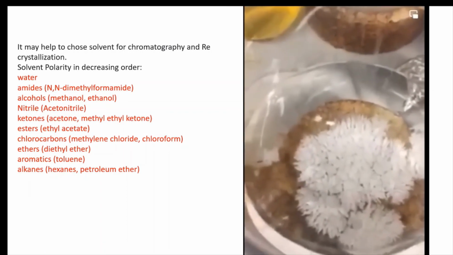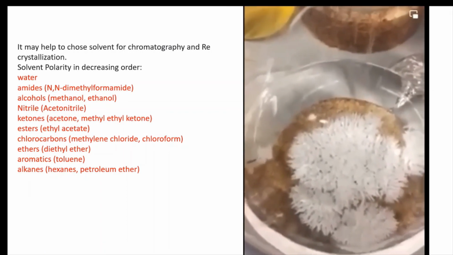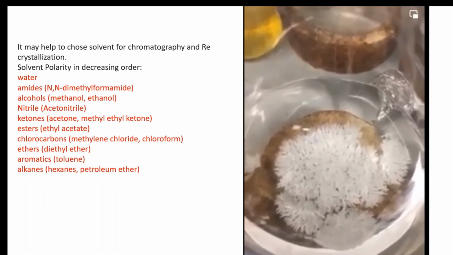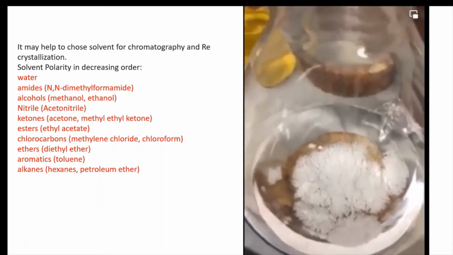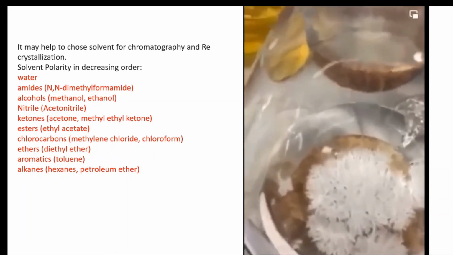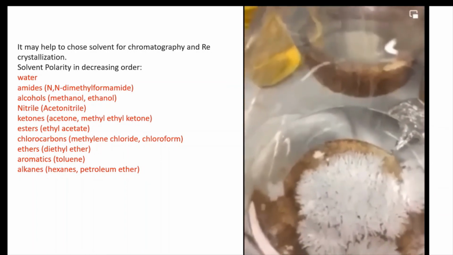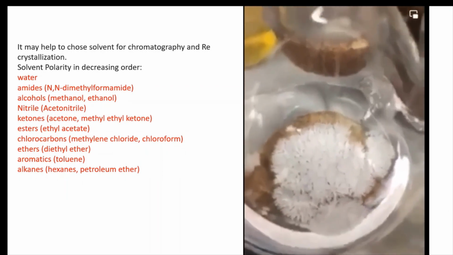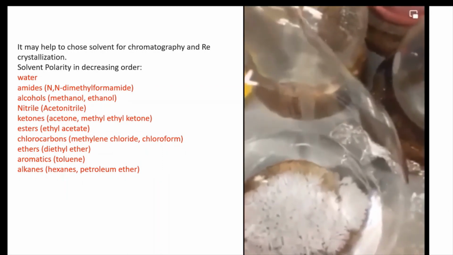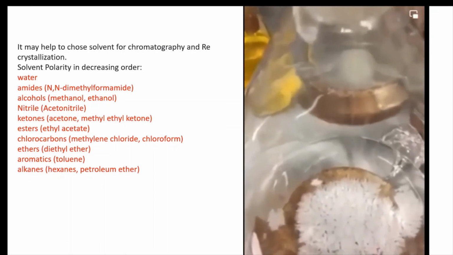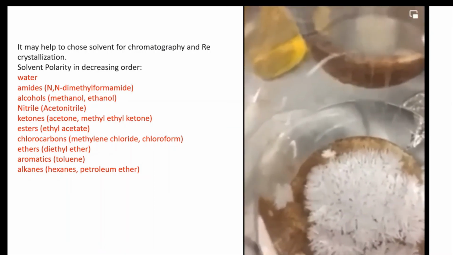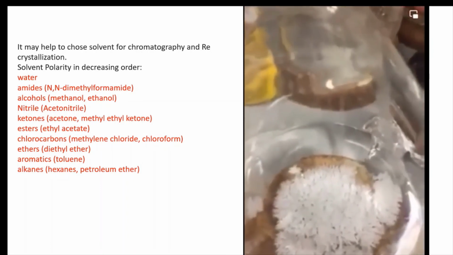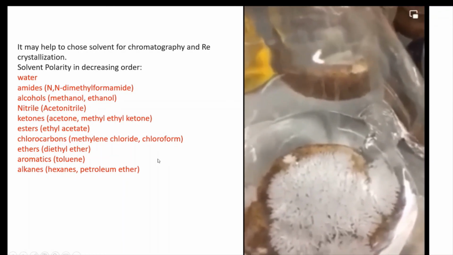So this is one way you can remove the succinimide residue from NBS reactions. And if your compound is not soluble in hexane and also not completely soluble in acetonitrile at room temperature, then you can heat it in acetonitrile, and if it is soluble when hot, it will grow crystals like this, white solid or whatever the color.